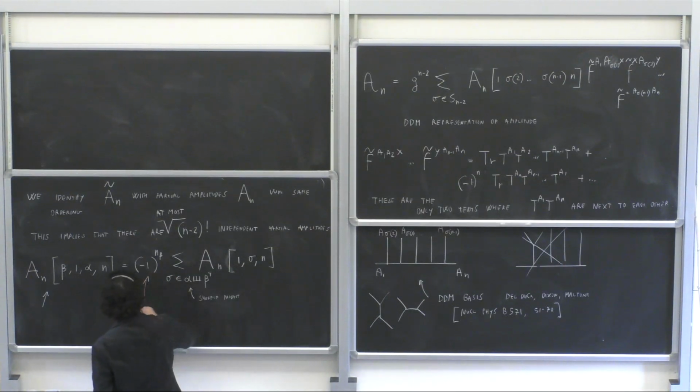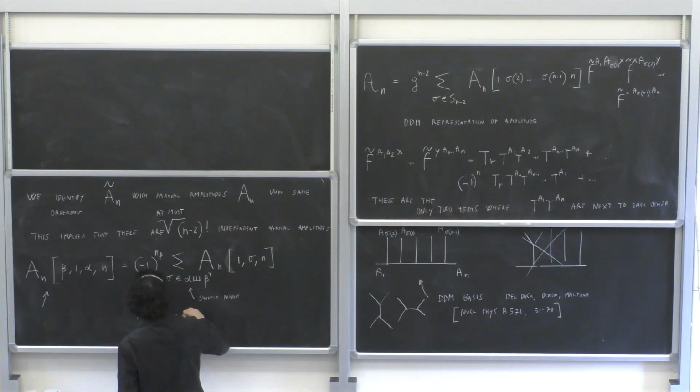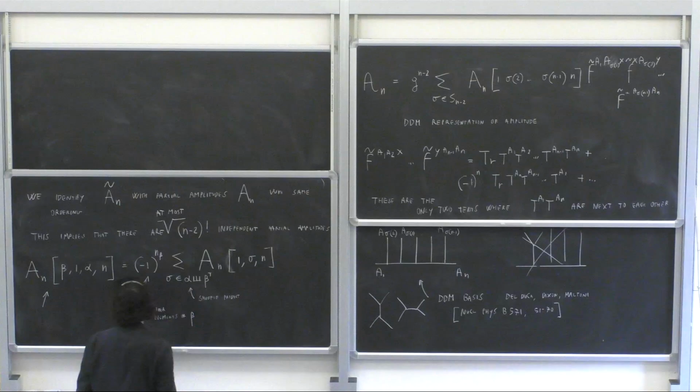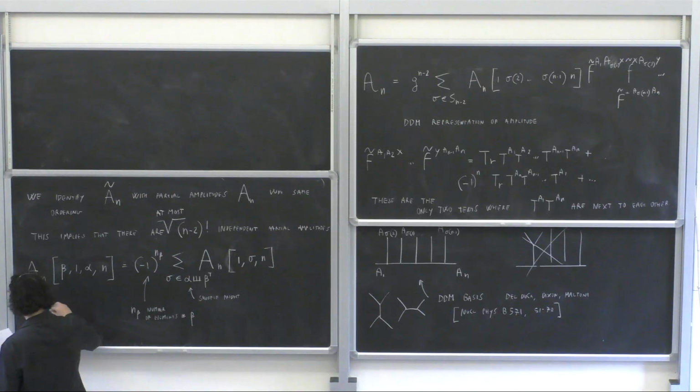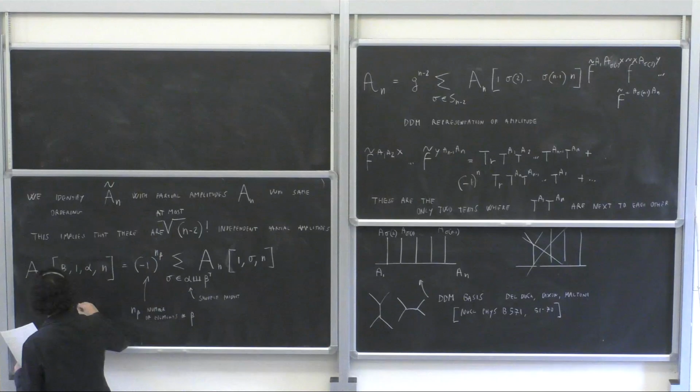This is the number, and beta is the number of elements in beta. And these are known as the Kleiss-Kuijf relations.